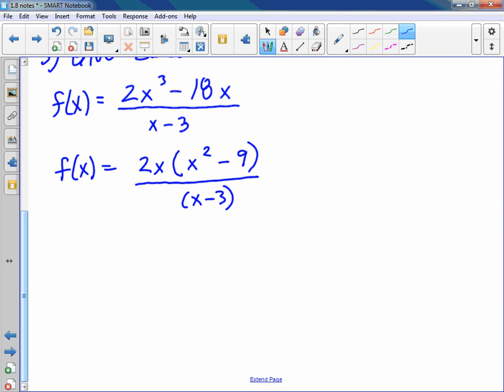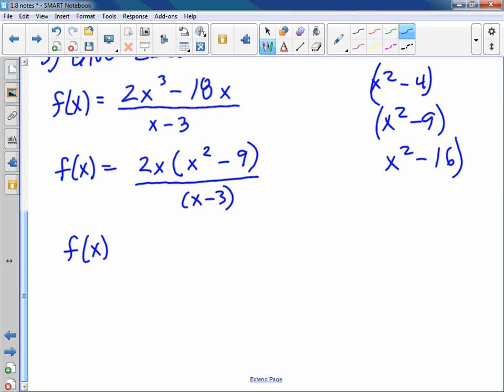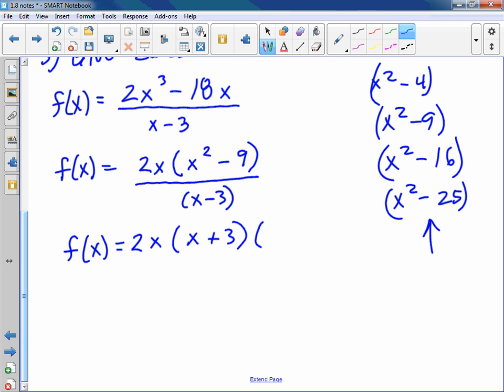So when I see x squared minus 9, remember, little bells go off in my head when I see things like x squared minus 4, or x squared minus 9, or x squared minus 16, or x squared minus, you guessed it, 25, etc. Those are perfect squares. So now I think that I can write this even better as 2x times x plus 3 times x minus 3.